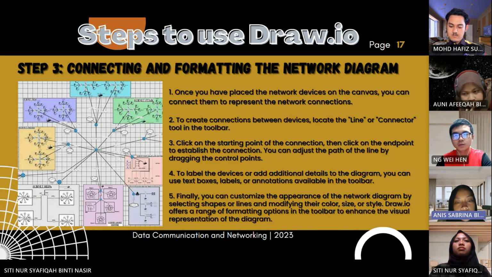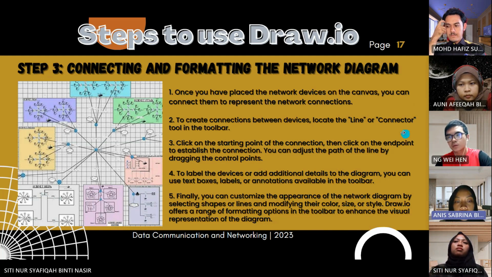To label the devices or add additional details to the diagram, you can use text box labels or annotations available in the toolbar. Finally, you can customize the appearance of the network diagram by selecting shapes or lines and modifying their color, size, or style. Draw.io offers a range of formatting options in the toolbar to enhance the visual representation of the diagrams.